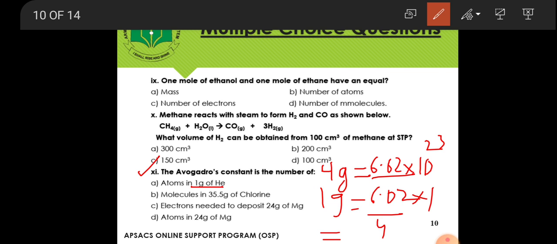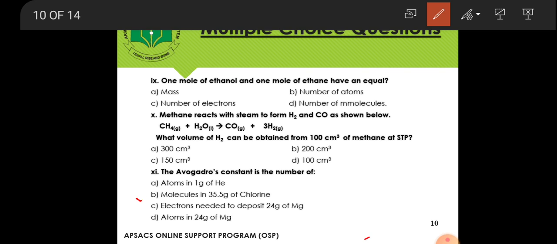So the number of atoms will be less, and that will be 1.05. So this is wrong. The Avogadro's constant is the number of atoms in 1 gram of helium? No, it is the atom in 4 gram of helium. So this answer is wrong.